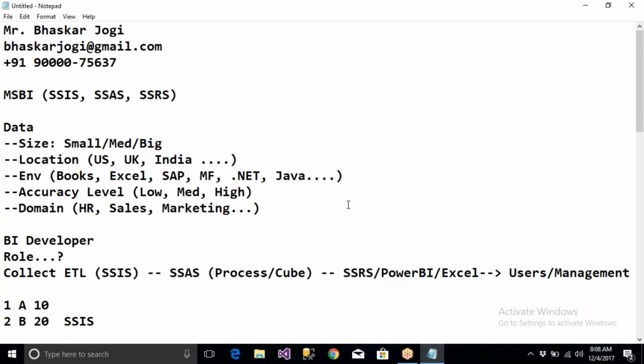And one more thing: will ETL testing be different from this? What we are doing is ETL development. As a developer, you have to develop the code. In ETL testing, the testing people test all the ETL packages. This is a testing concept, but they should also understand one of the ETL tools.